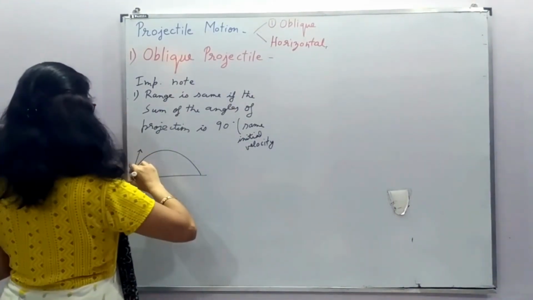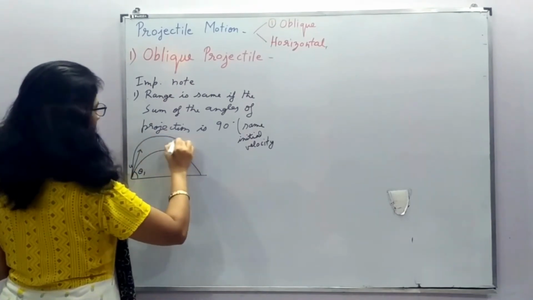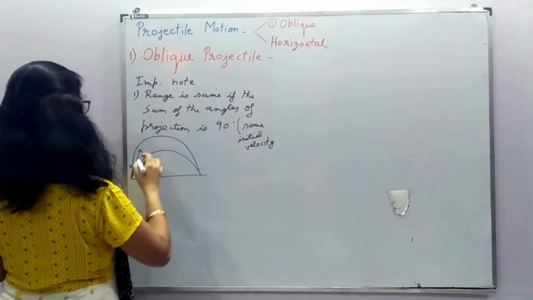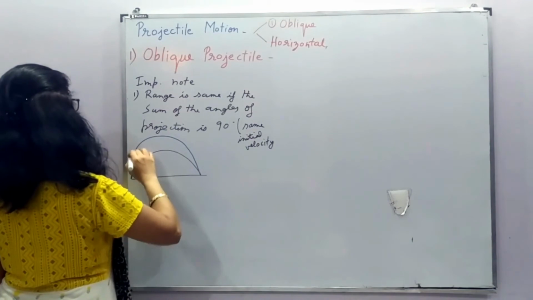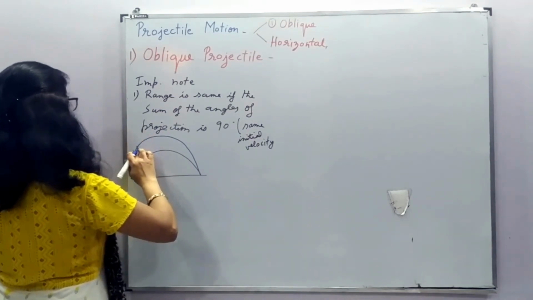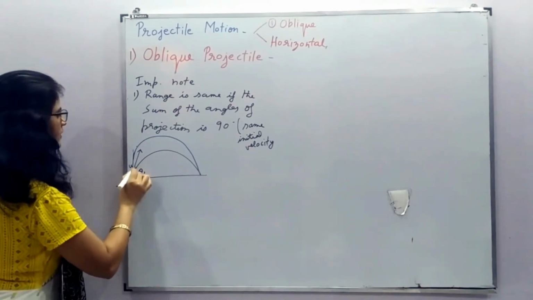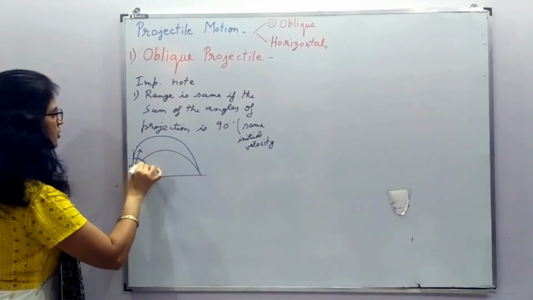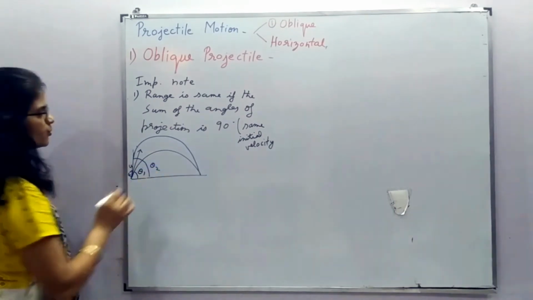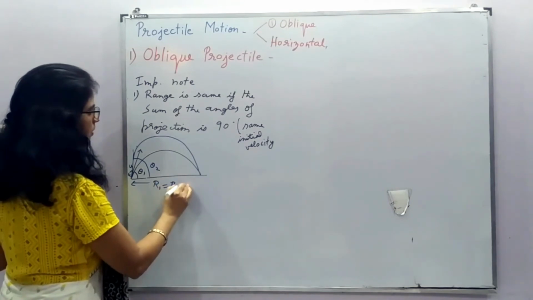So if I'm saying that I'm projecting it like this, this is the second case which I have drawn here. The initial velocity is same in both the cases, but the angle of projection in this second case is theta 2. Then they are saying that the ranges are equal.